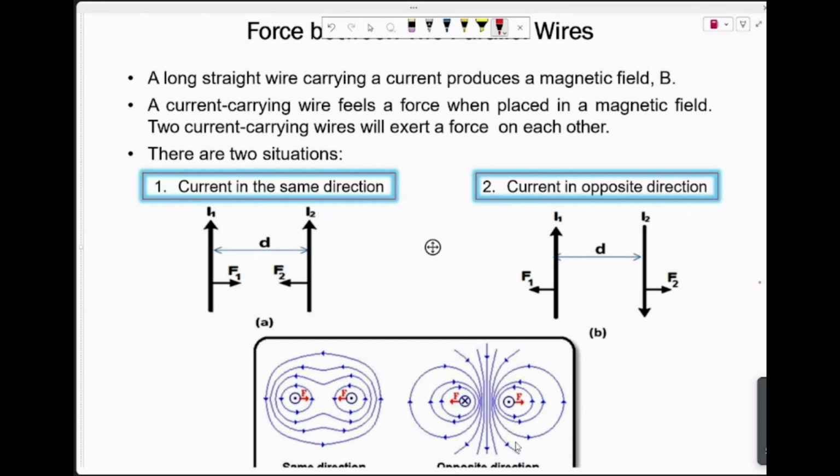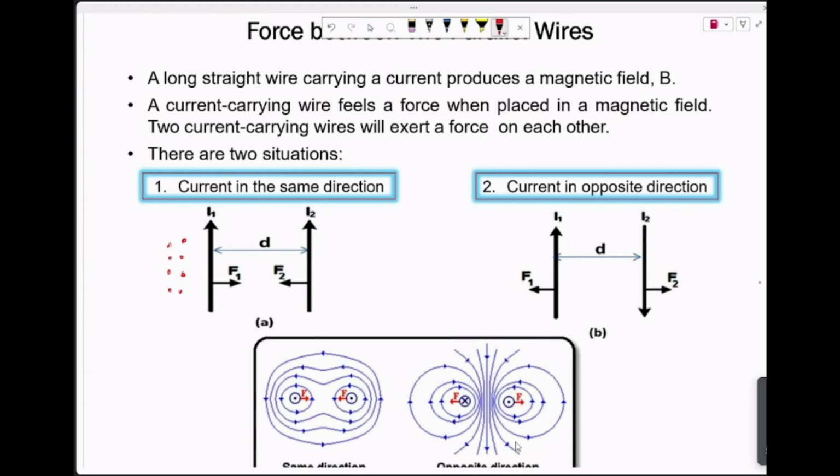You can shout the answer if you know right away. The magnetic field will be out of the page. Use your right hand grip. I already mentioned it just now. If you don't remember, you can always check back again.